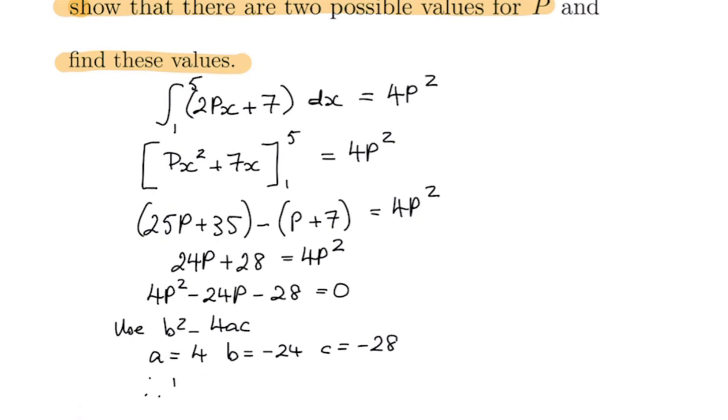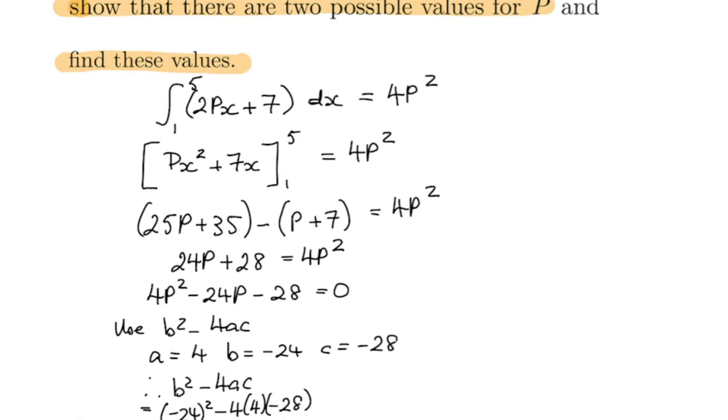Therefore, if I do b squared minus 4ac, that will equal negative 24 squared minus 4 times negative 28, and that equals 1024.